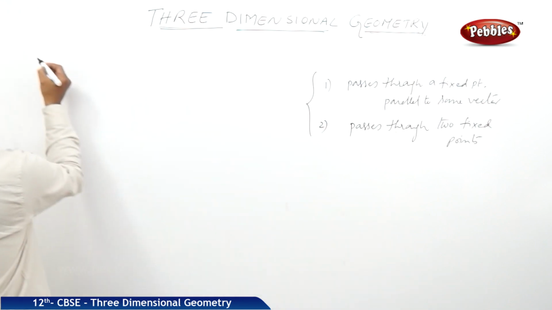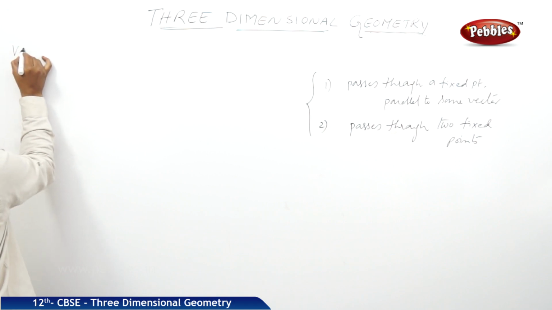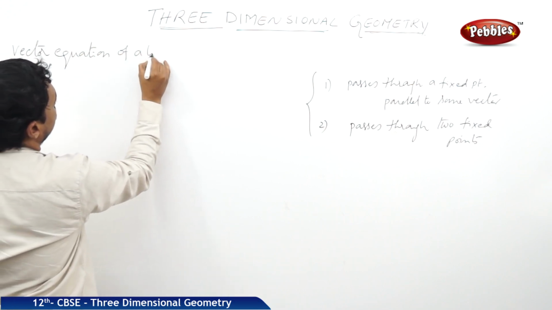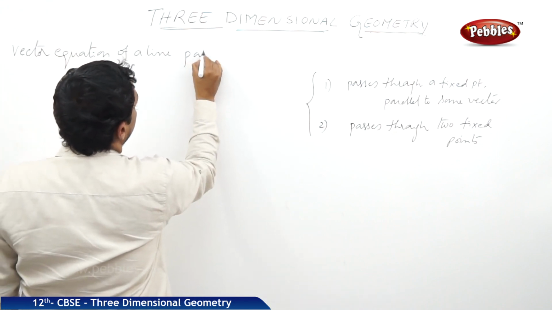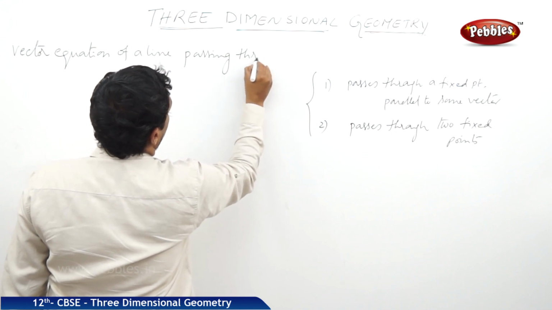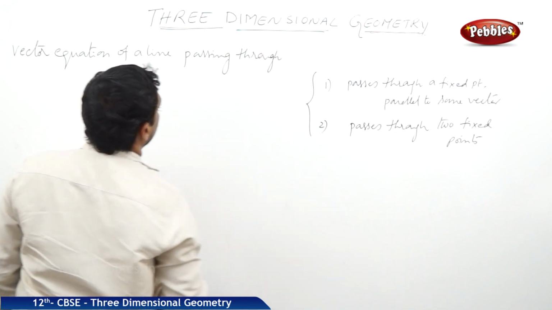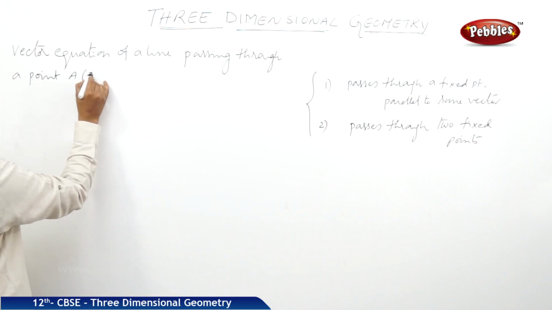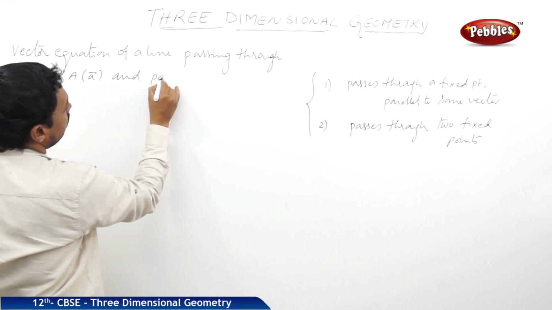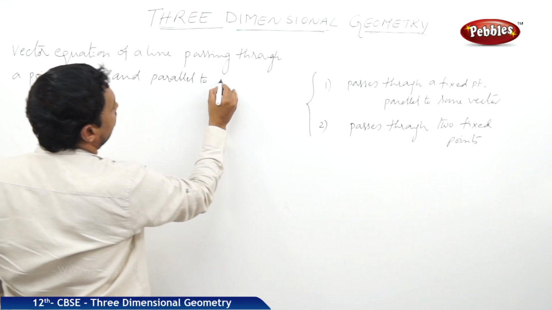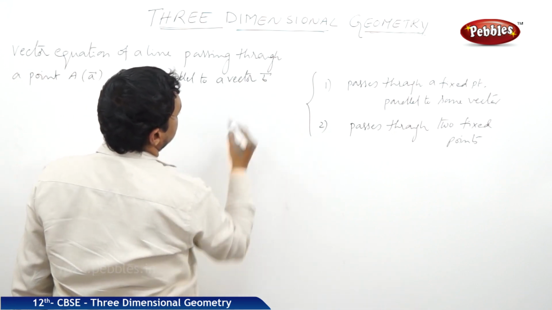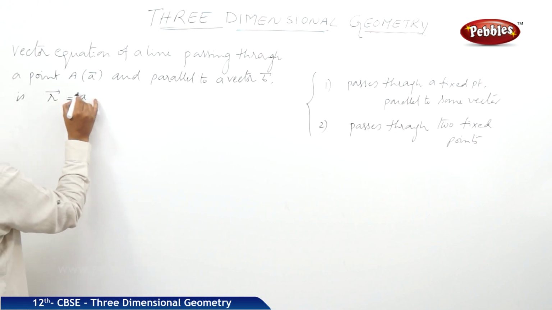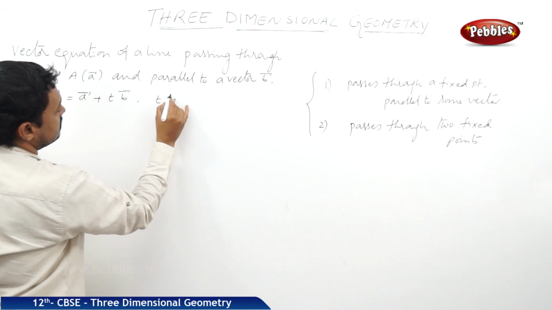Now let us see. The vector equation of a line passing through a point A whose position vector is A bar and parallel to a vector B bar is R bar is equal to A bar plus T into B bar, where T is some scalar.